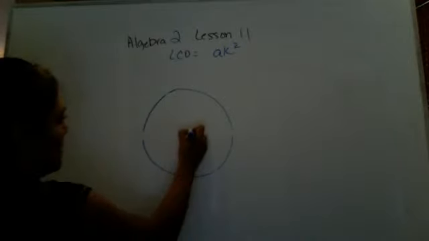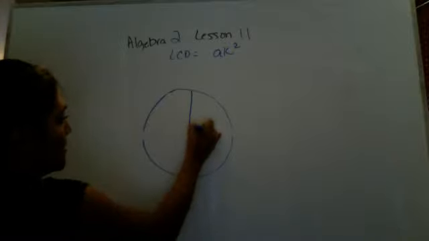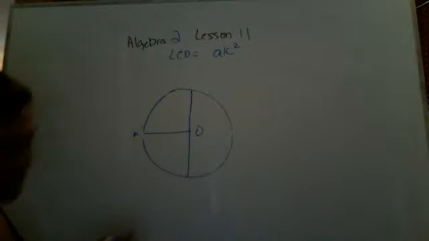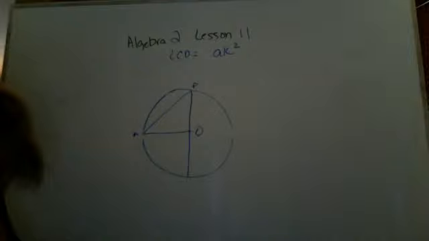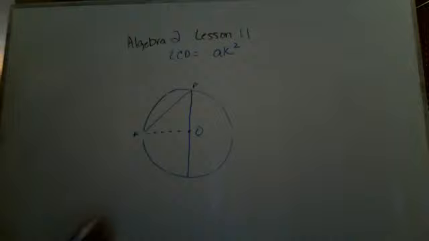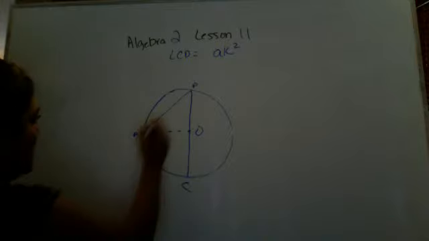Basically, here's my diameter, and this is O, and this is A, and this is B. Make this a dotted line, and ABOC.